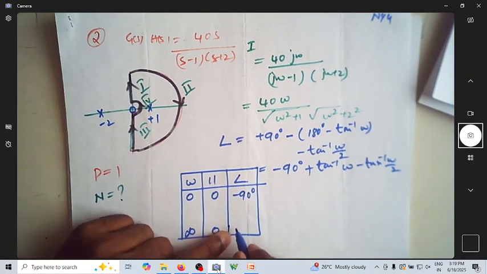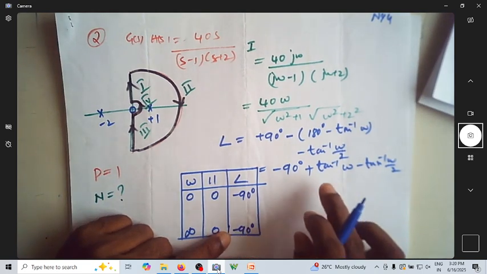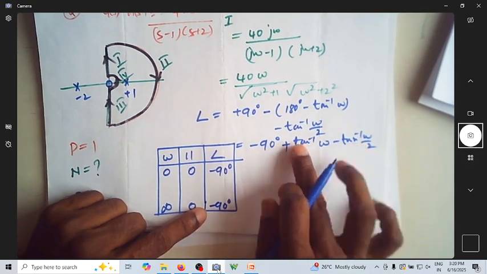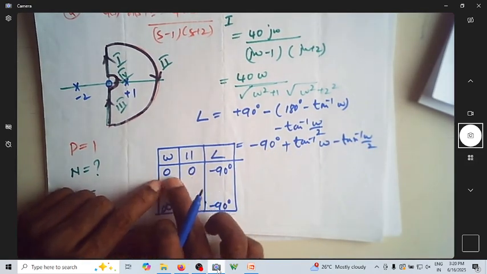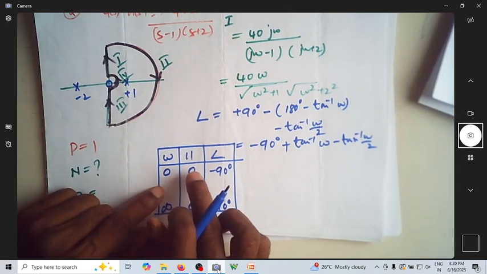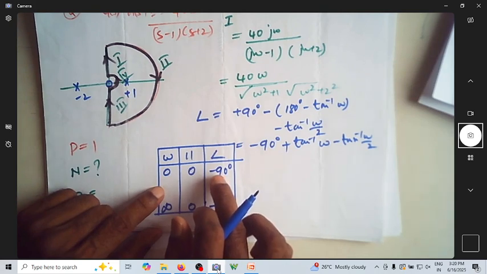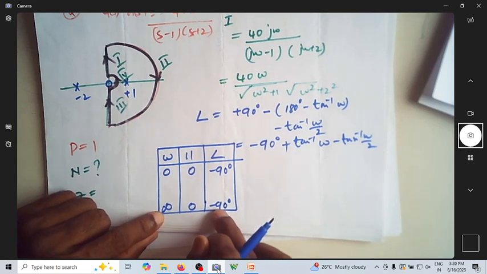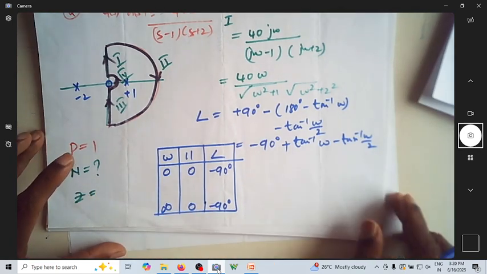What happens to the phase? It will again be minus 90 degrees, because this becomes plus 90 and that becomes minus 90, these two cancel out. So at ω equal to 0 you get 0 magnitude and minus 90 degrees phase. At infinity also the magnitude is 0 and the phase angle is minus 90 degrees.